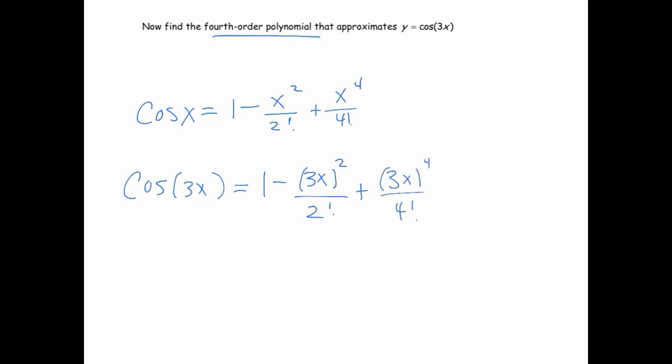So it becomes very easy to make some new functions using some transformations, and the Taylor series just transform in the way you'd expect them to. And so therefore, using very little effort, I now have a fourth order Taylor polynomial for cosine of 3x centered at x equals 0. So if I were to graph this polynomial, you'd expect it to conform to cosine of 3x as long as you're near x equals 0.